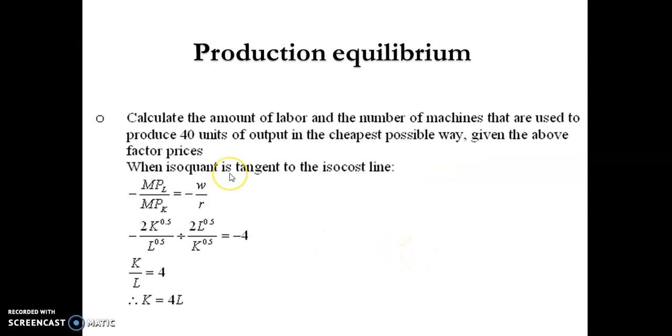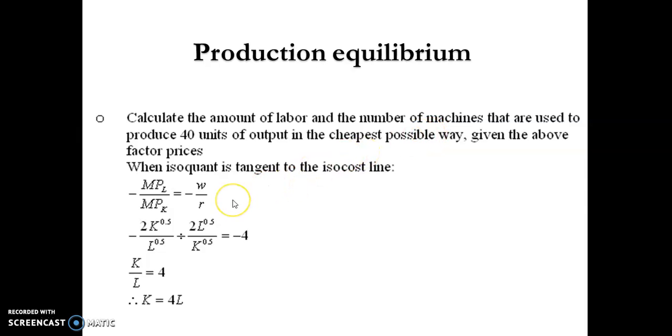Now you are told that you need to calculate the amount of labor and machines, or capital, used to produce 40 units of output. So that tells me that output is 40. That is now the constraint, and we want the cheapest possible way, so you need to minimize cost given the factor prices.